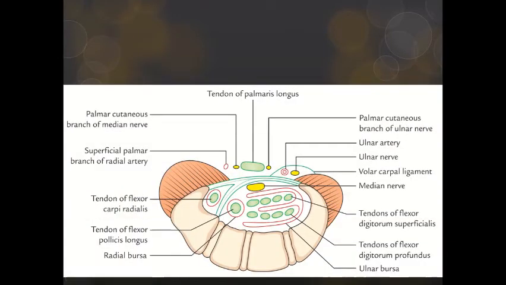These are the structures which we can identify in this diagram as well. From lateral to medial, we can identify flexor carpi radialis longus. Then below the flexor retinaculum, the flexor pollicis longus tendon, then the flexor digitorum superficialis and flexor digitorum profundus tendons. And most superficially, we can identify the median nerve. It is also passing through the carpal tunnel.